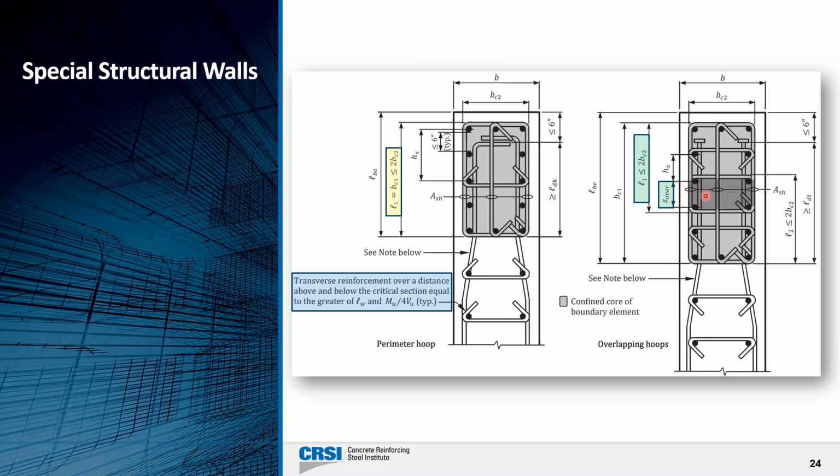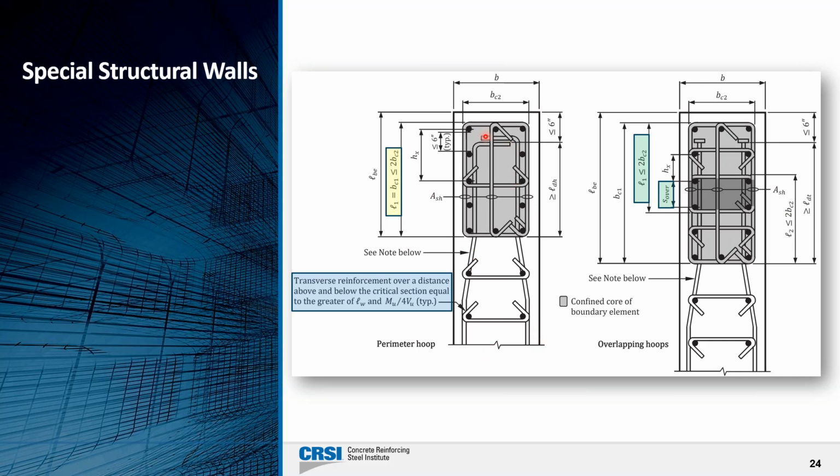Now, that's probably not the most constructible thing to do, although there are contractors who tell us it's not a big deal, but know that over that length of either L sub W or M sub U over 4V sub U, you've got to have these cross ties around all of the longitudinal bars in the web.